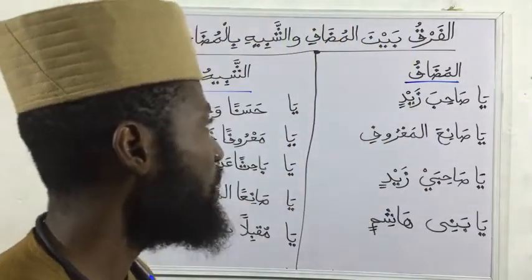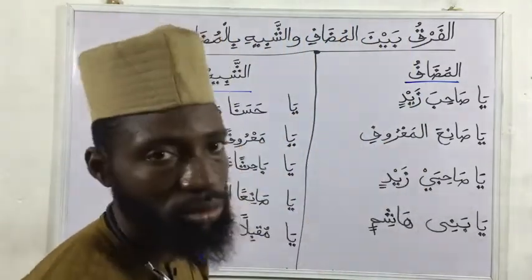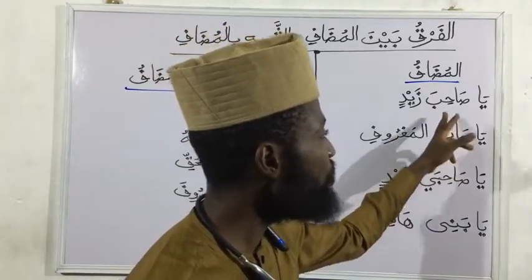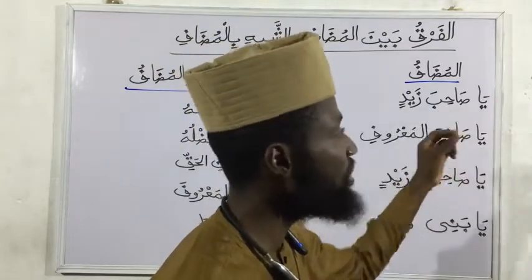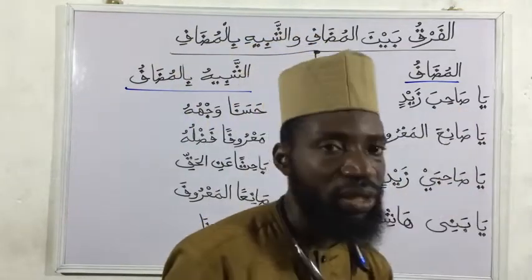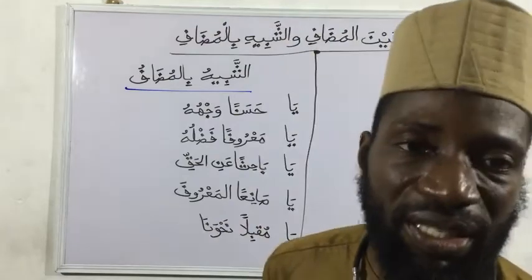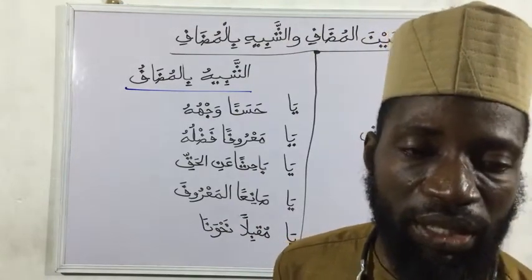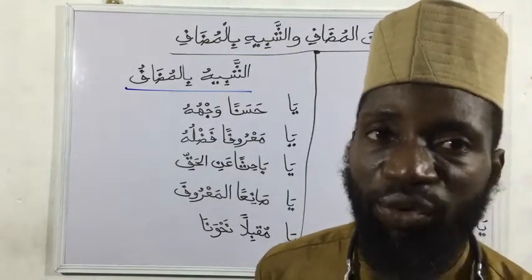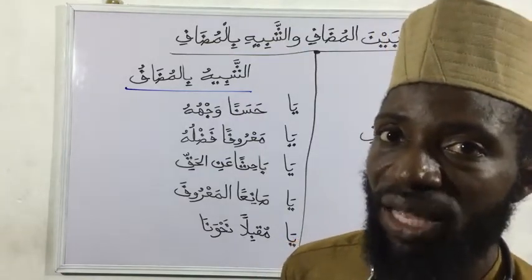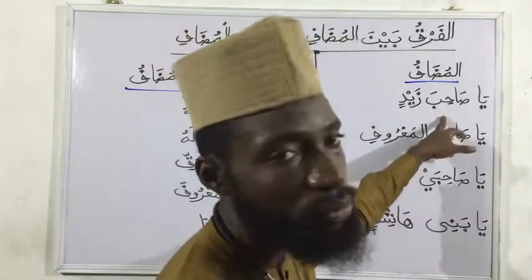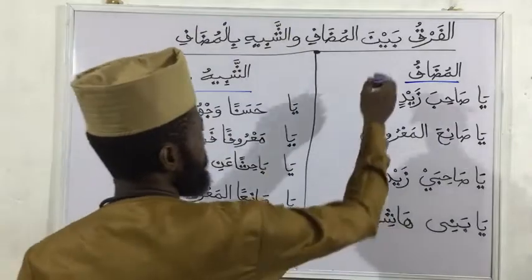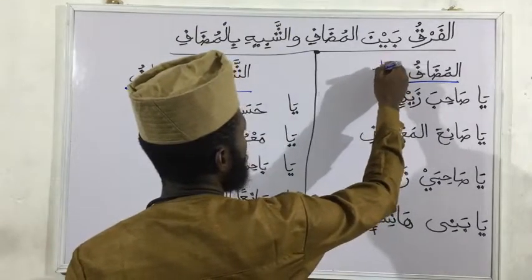The first difference is in their construction. Your mudaf, the aslu of it, is either mufrad, which will be munawwan. Mufrad here means mufrad, musanna, jam'. Like this is Sahibun. Do you get it now? So it is like this: Sahibun Zaidun.